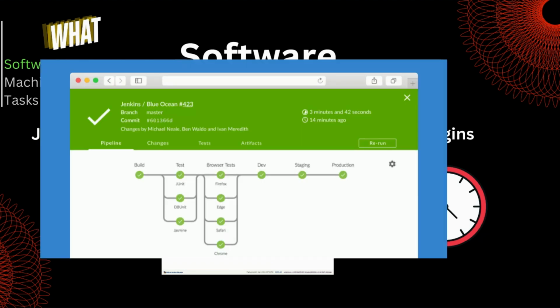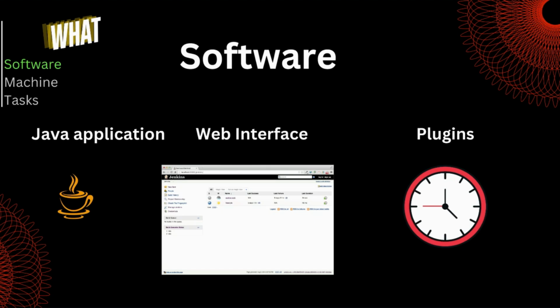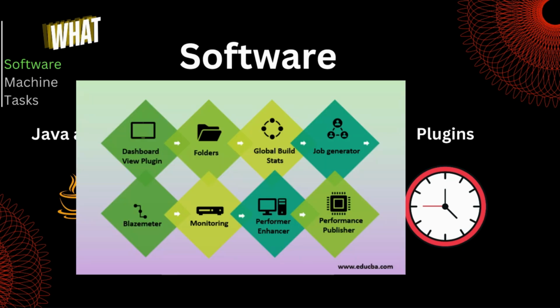And it's very easy to use and very clear how to set up your project and set up your pipelines, which will execute the CI and CD practices. And it also has plugins. Those plugins save you some time. And we are going to talk about some of those plugins.